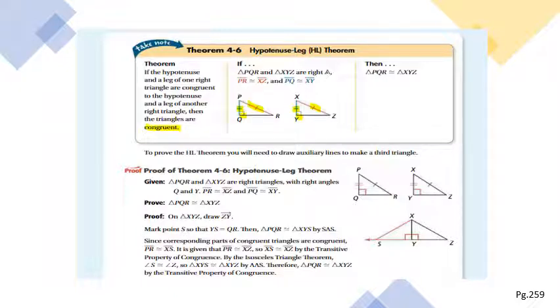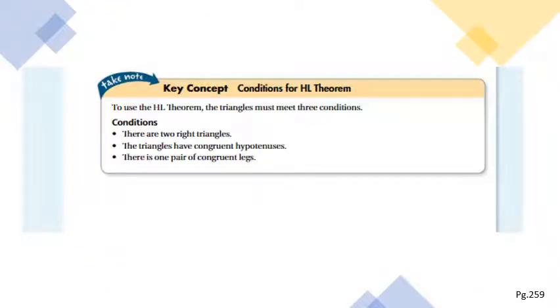Okay, so for the hypotenuse leg theorem, we have three conditions. The proof of the theorem, just read it. It's not important to know. Let's see here, what are the three conditions for the HL theorem? The first condition, there are two right triangles.